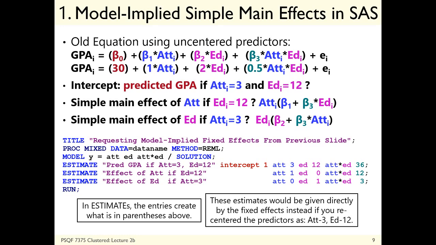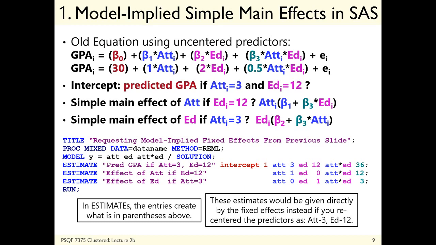There's no variable multiplying it, so it's as if it's being multiplied by a column of 1s. Then I need 3 beta 1s. So I'm filling in 3, and this knows what beta 1 is going to be estimated to be, and it plugs in that number. I need 12 beta 2s, and then for the interaction term, I just multiply 3 by 12 and I get my 36.